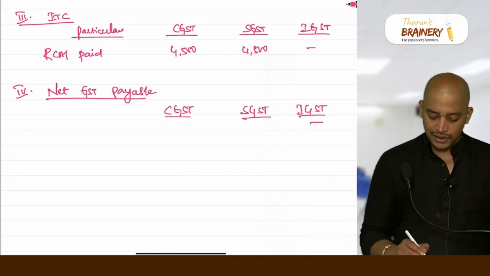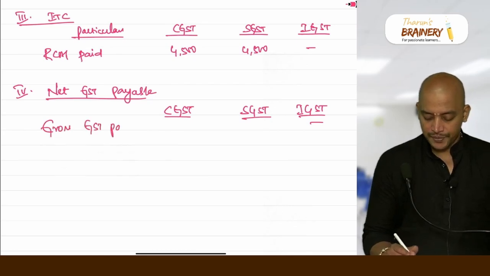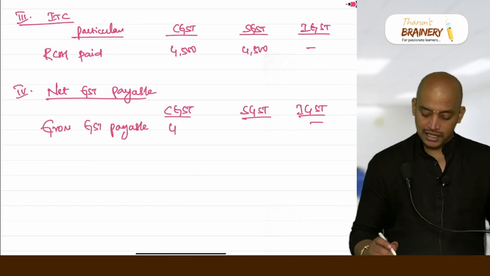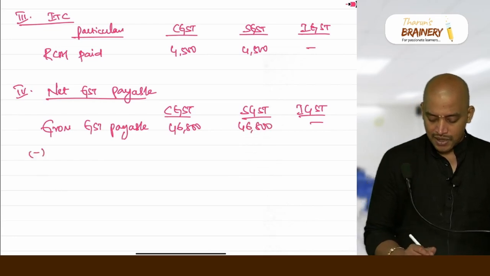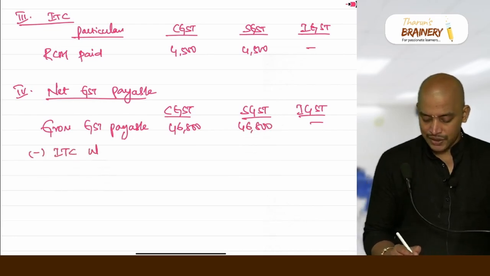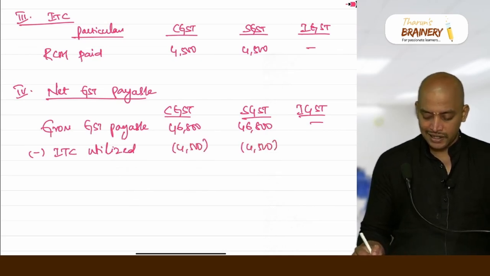In that we need to include the gross GST payable as per statement 1. What is the gross GST payable? 46,800, minus ITC utilized. What is it? ITC utilized 4,500.